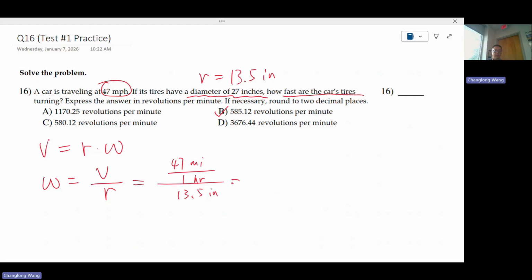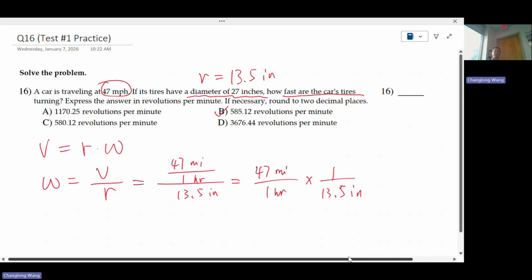Let's write that in a bit nicer way. So you have a division, right? So if you do what they call keep change flip, right? Or if you realize that dividing by 13.5 is equivalent to multiplying with its reciprocal, 1 over 13.5 inch.